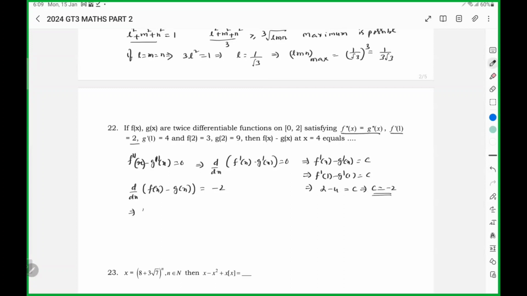So which implies f of x minus g of x is minus 2x plus d, otherwise some other variable. To find d, f of 2 minus g of 2, because he given the initial conditions, 3 minus 9, minus 6 plus 4 is d. d here is minus 2.